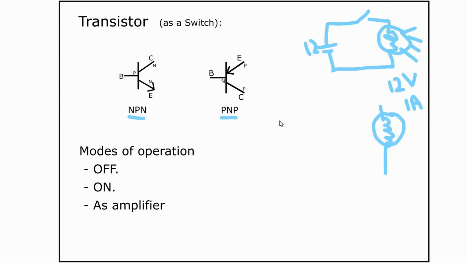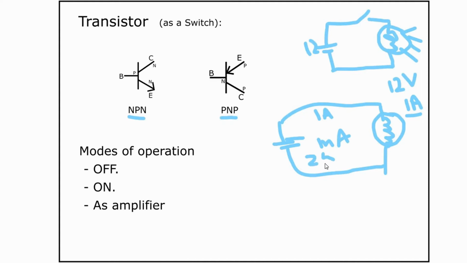Now, if the source of the signal can give 1 amp, you can directly connect it and it will work. But when it is coming from a microcontroller or any IC, that pin cannot source 1 amp. It can source some milliamps. Most microcontrollers can source around 25 milliamps.